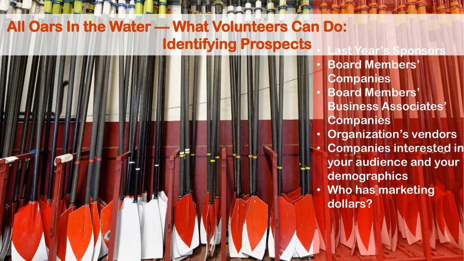I'm amazed sometimes at how board members' companies haven't been invited to be a sponsor, but also your board members' associates' companies, your board members' companies' vendors, the organizations, vendors, and companies interested in your audience. Again, think about the Alzheimer's example and the people who were interested in the people who were at our event. And also look in your community at who has marketing dollars. And that's just a start.